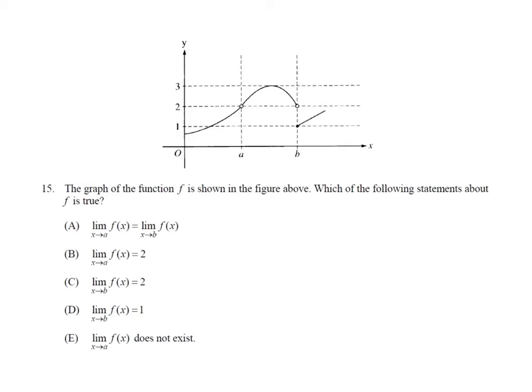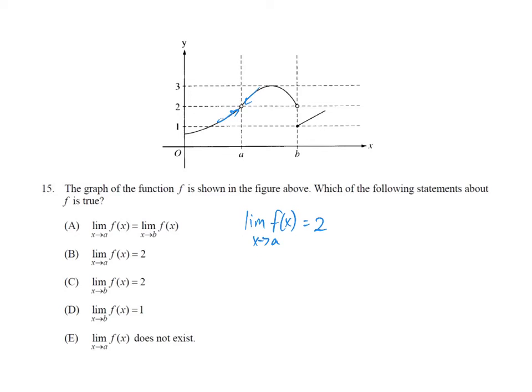And the last one I got for you here. The graph of f is shown in the figure. Which of the following statements is true? Okay, the limit of f of x as x approaches a is equal to the limit as x approaches b. Is that true? Well, the limit of f of x as x approaches a equals 2.